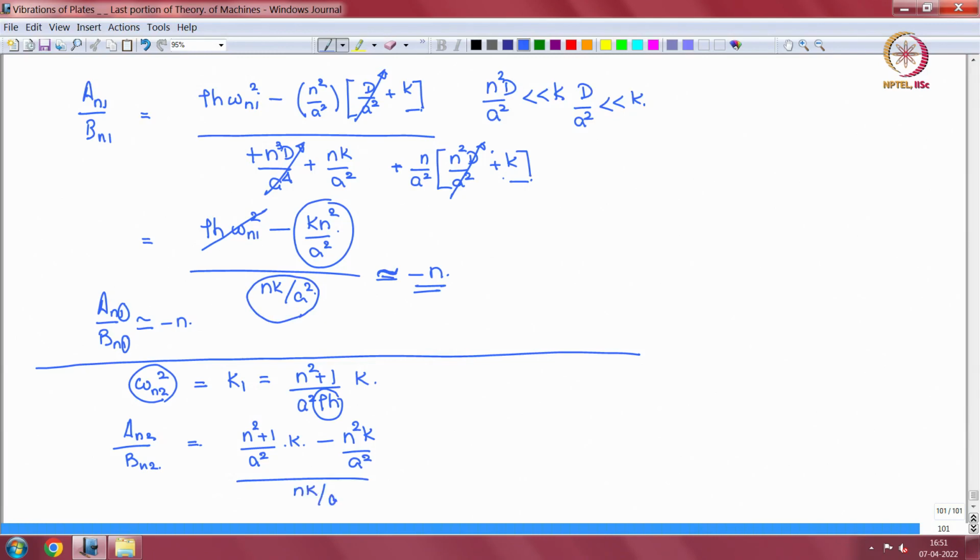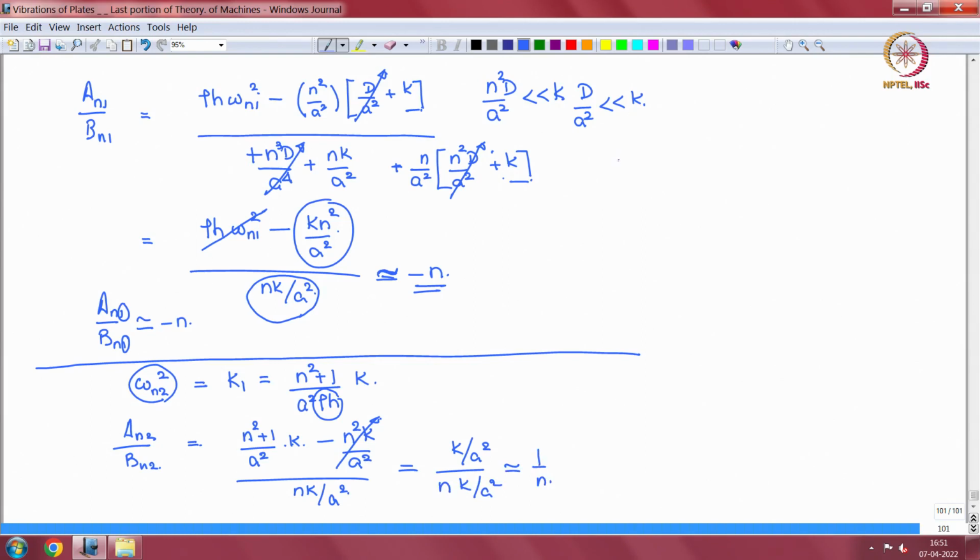Okay. So this becomes what? N square k by a square is gone, I get k by a square and I get nk by a square. So this is approximately 1 by n.